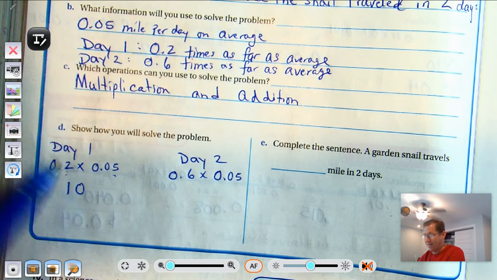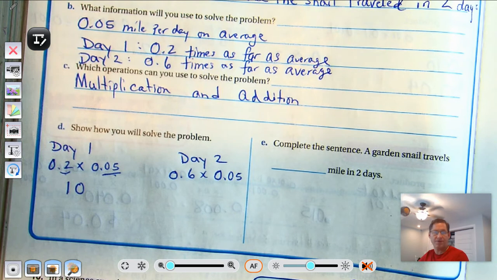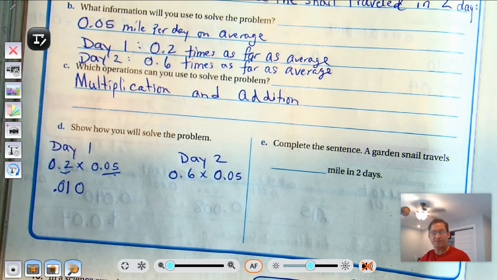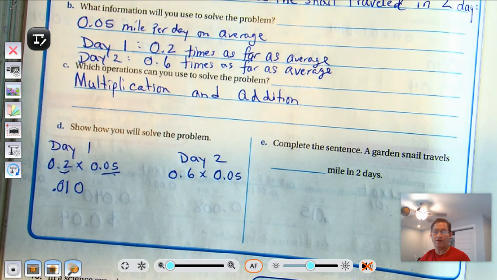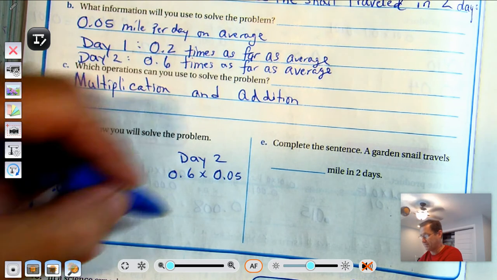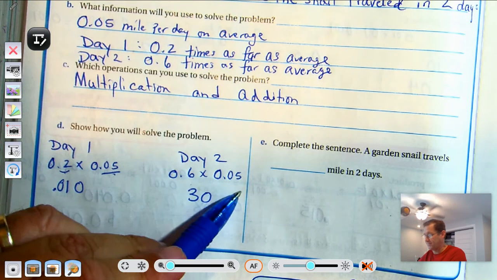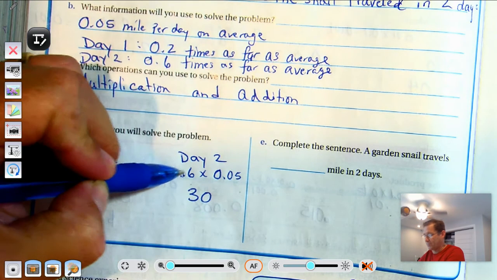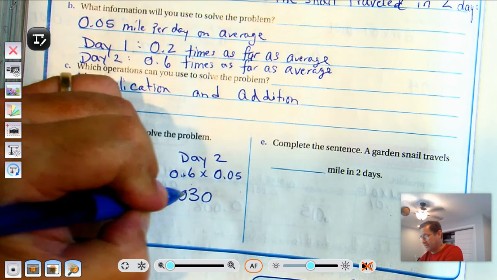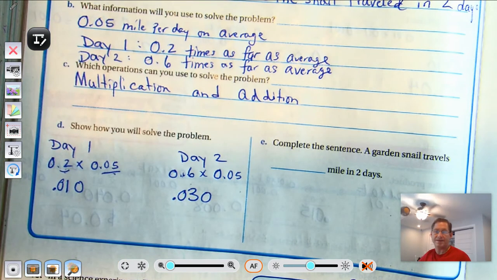We're multiplying a 10th by 100th. So our answer is in the thousandths. 100th times 10th is thousandths. So 6 times 5 is 30. And again, we're multiplying a 10th by 100th. So my answer has to be in the thousandths.